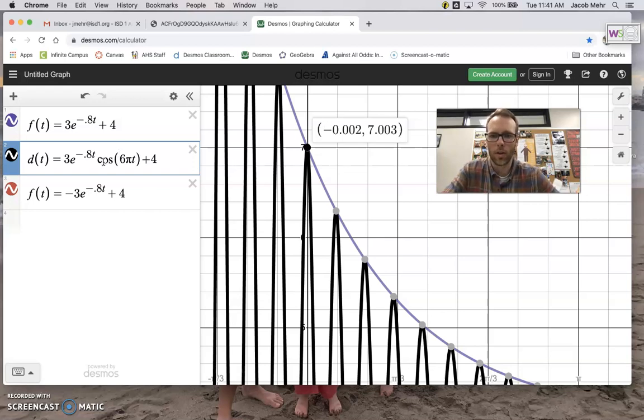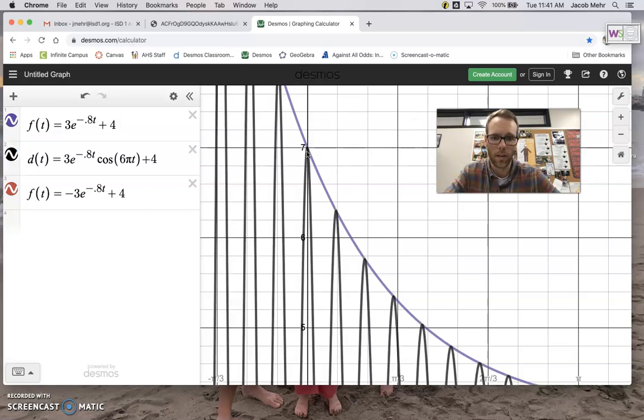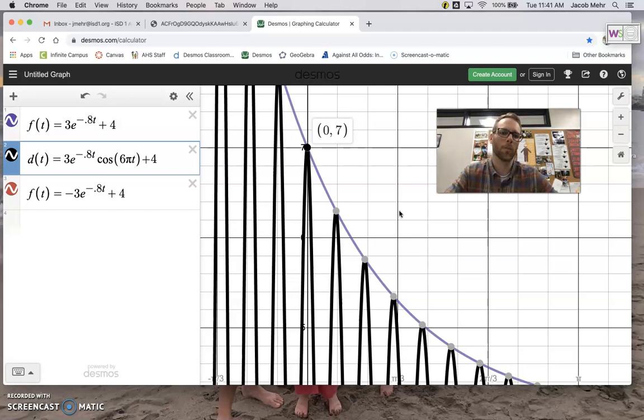We know that the cosine of 0 is going to be 1. When we put 0 into this, okay, e to the negative 0.8 times 0, e to the 0 is 1. This is 3. So this ends up being 3 plus 4, which is 7. Now, I'm not exact. There we go. I was going to say, I'm not exactly sure why it's not working out to exactly 7. There it is. There's our point, 0, 7. It starts at 7 units away from the ceiling.